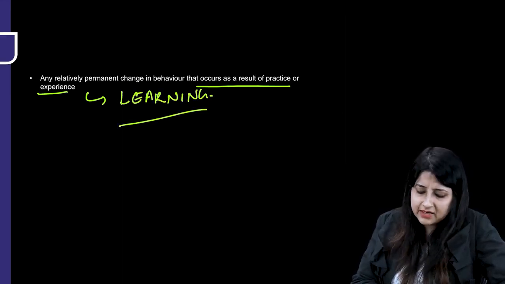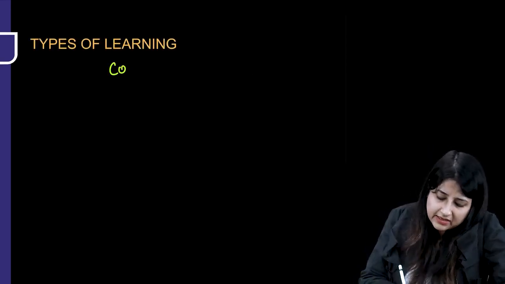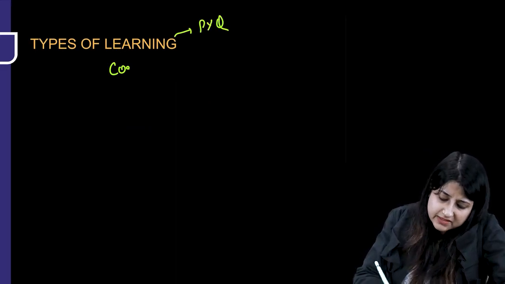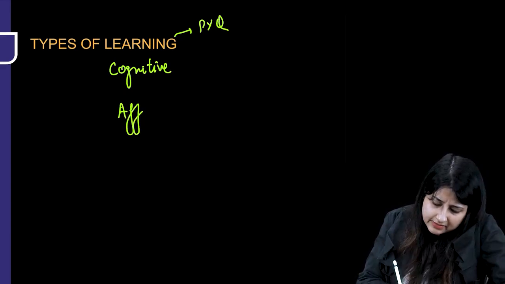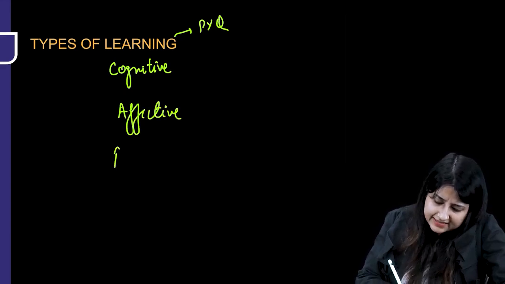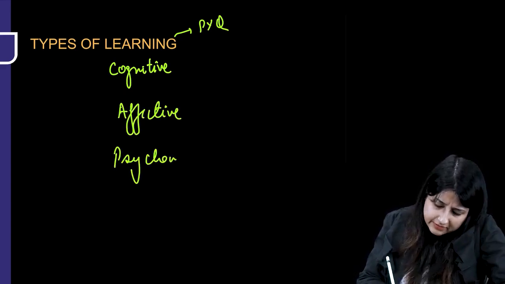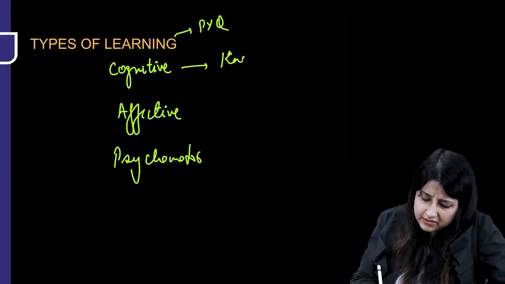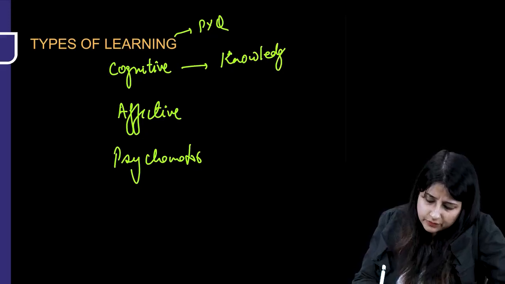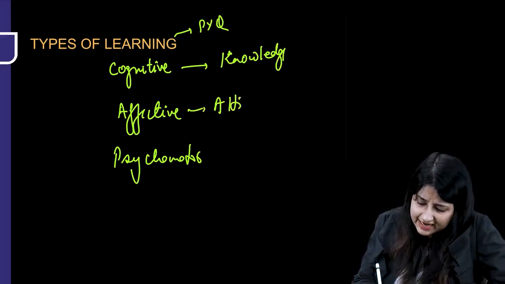And please remember, there are 3 types of learning. A lot of PYQs come from this. It is nothing but cognitive, affective and psychomotor learning. Cognitive learning is based on our knowledge. Affective again is attitude.